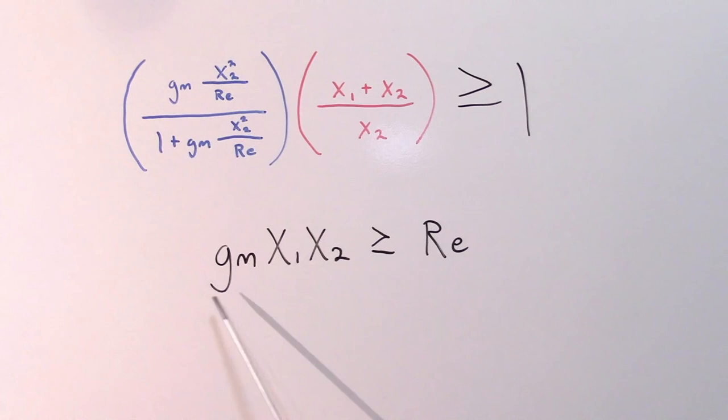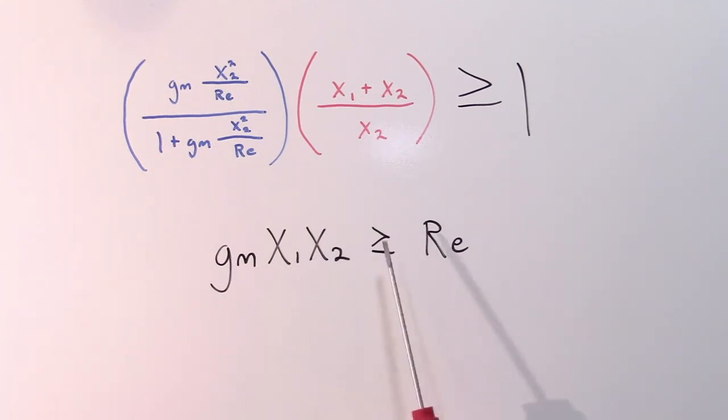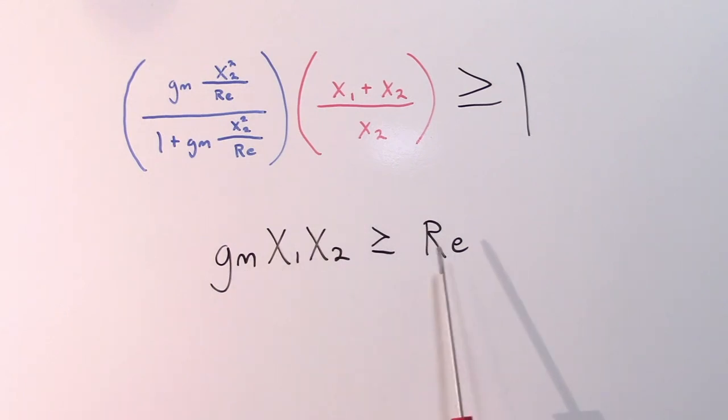For all intents and purposes, this is what we have to satisfy in order to ensure oscillation. And this is a very useful equation because it's a very easy check to make sure that you have sufficient gain in your loop to overcome the resistive losses in the crystal and get oscillation.